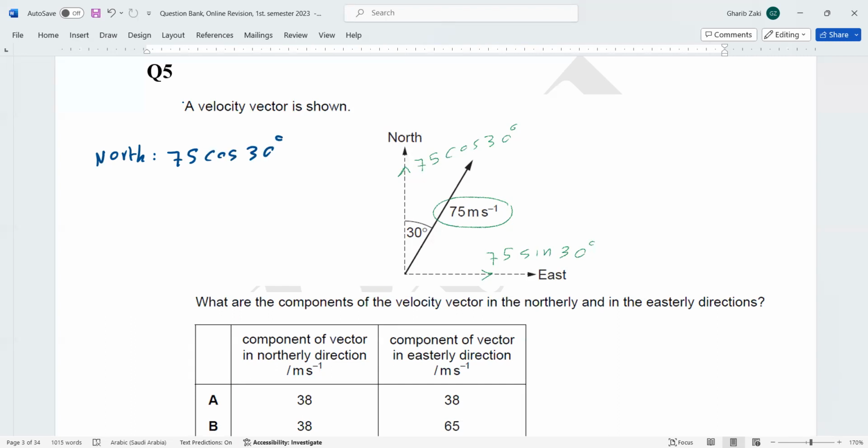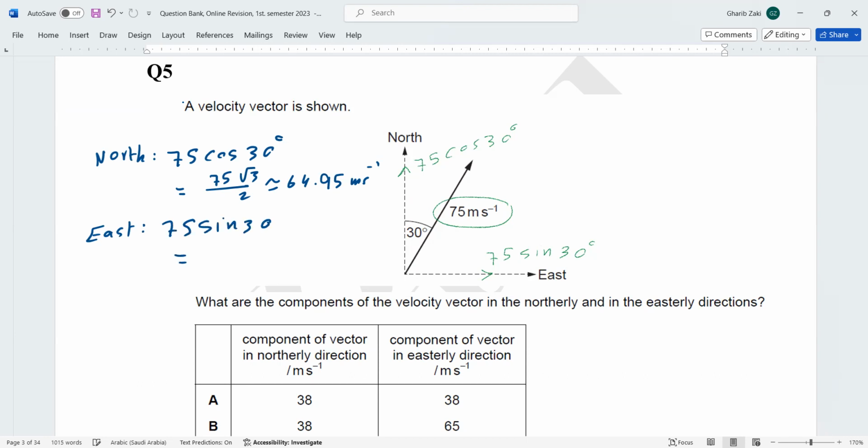By using the calculator, it will be 75 times square root of 3 over 2, equals approximately 64.95 meter per second. What about in direction of east? It is 75 sine 30.